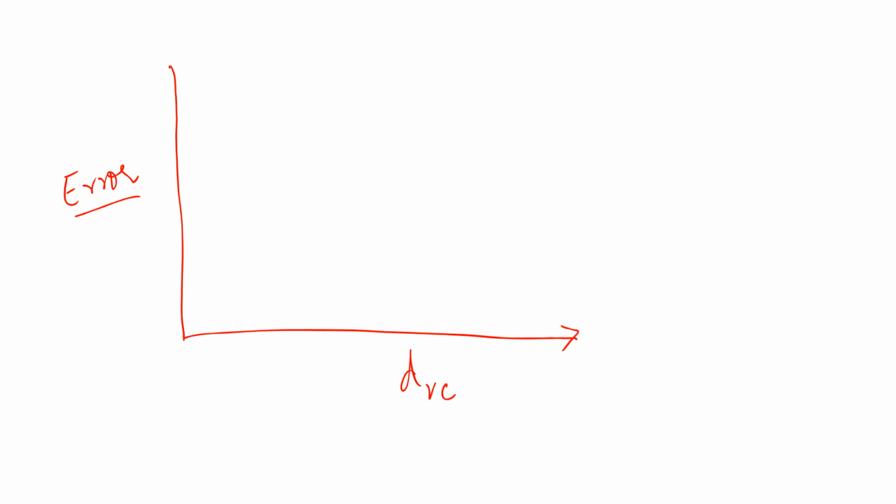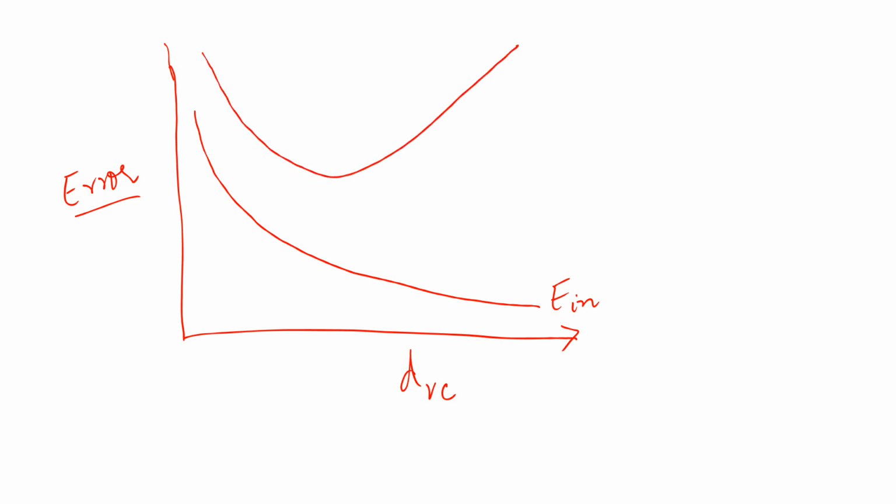If you remember, the in-sample error is going to go down and down as I increase the VC dimension, because the power of my model to fit the sample increases with a higher VC dimension. And the overall E out, if you remember, was something like this. So this was my E out.